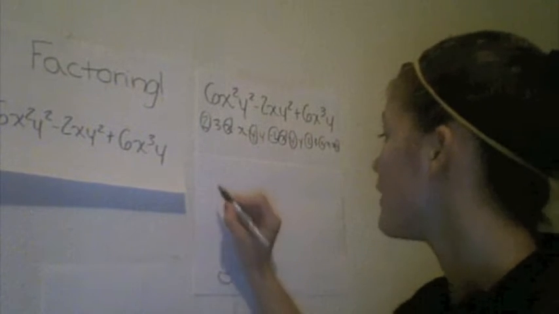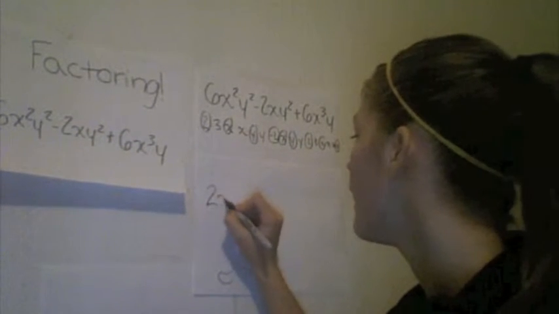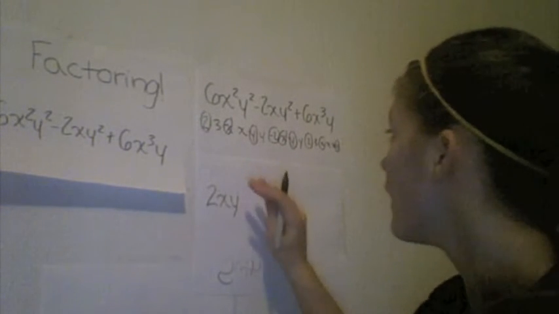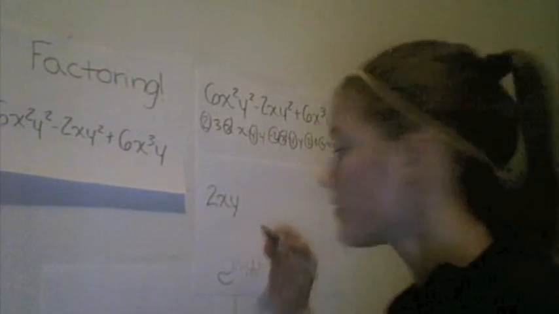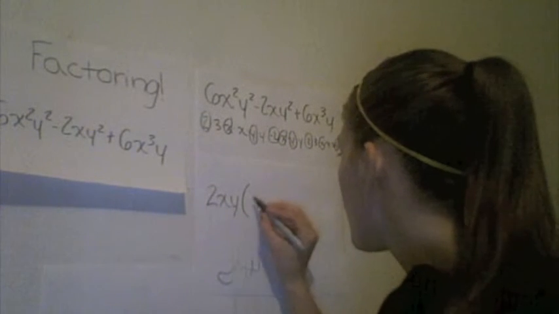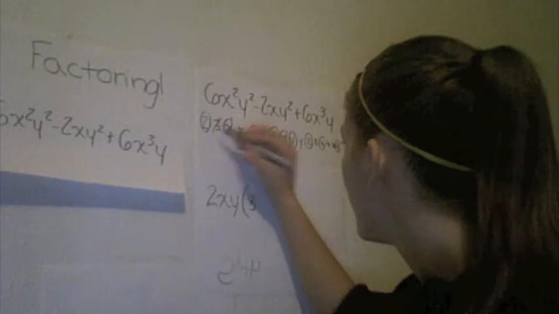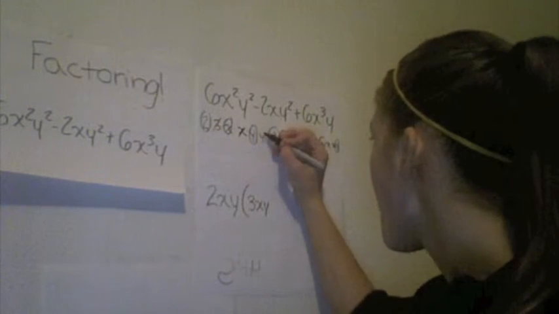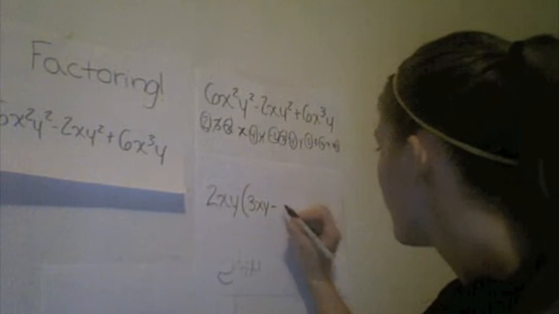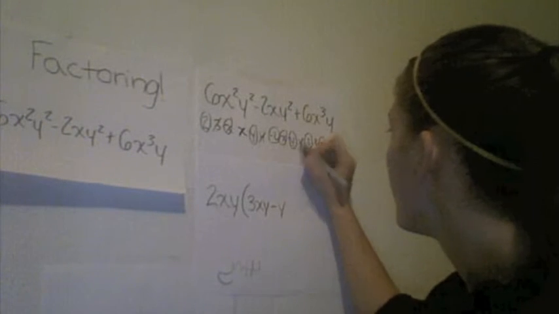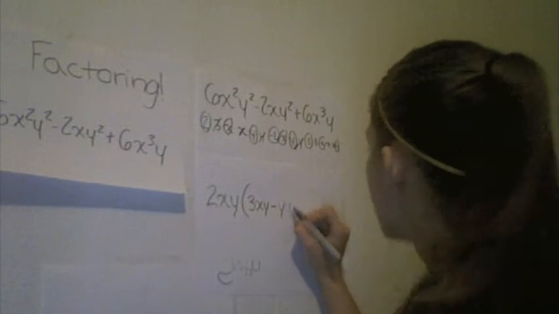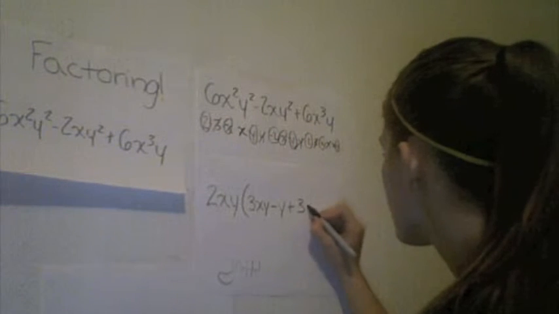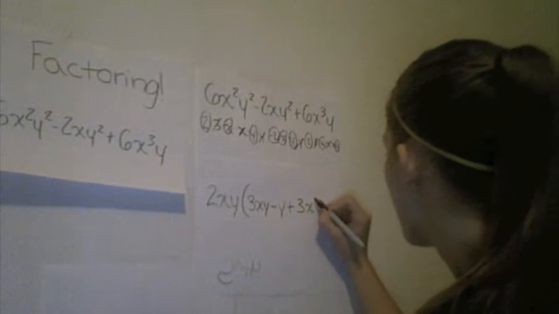So then I just bring down the 2xy, and then I just put the rest of what I couldn't factor out in parentheses. So I have 3x, y, minus y, plus 3x squared.